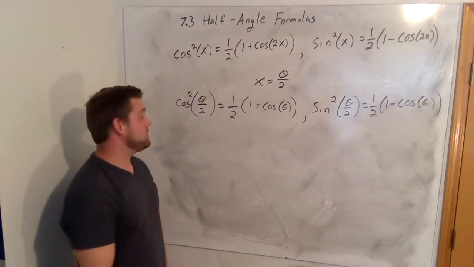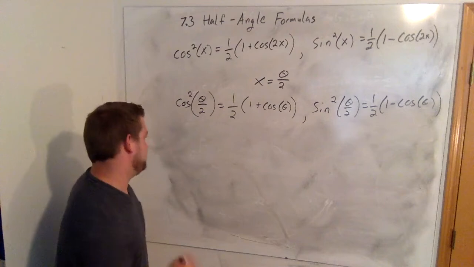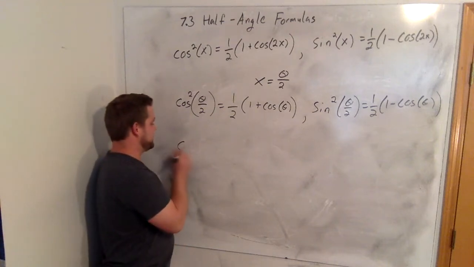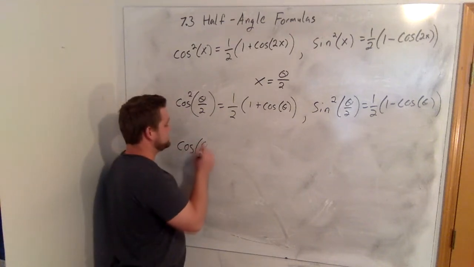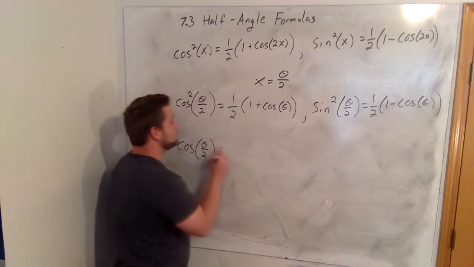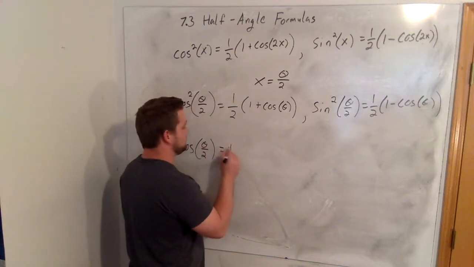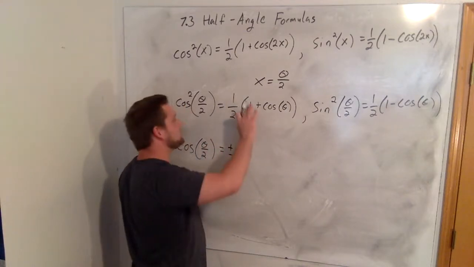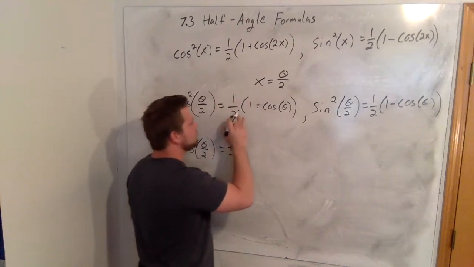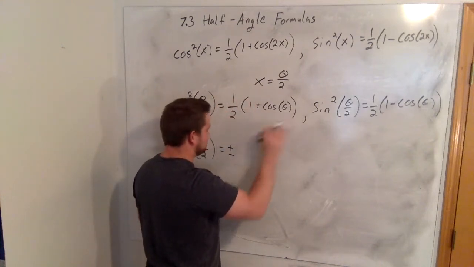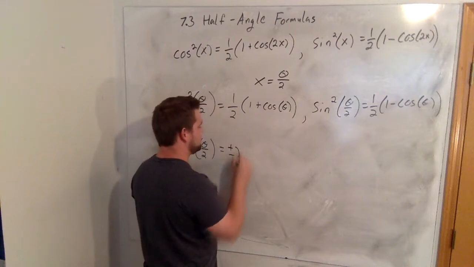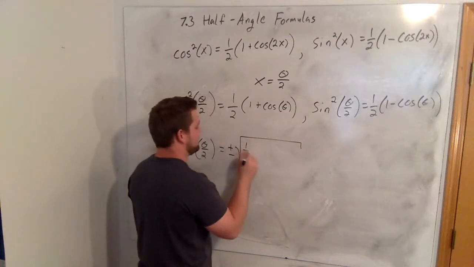To get the half-angle formulas, now we're just going to square root both sides. So the cosine of theta over 2 is equal to the plus or minus. Now I usually like to leave the 1/2 out front, but I think in the book they divide 1 plus cosine of theta by 2. Either way would be fine. Maybe I'll just leave the 1/2 out front.